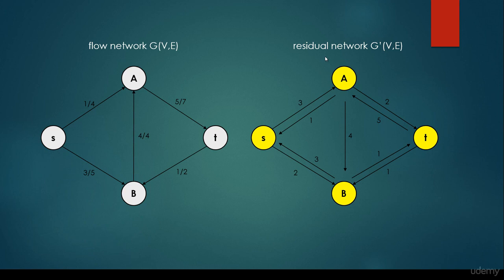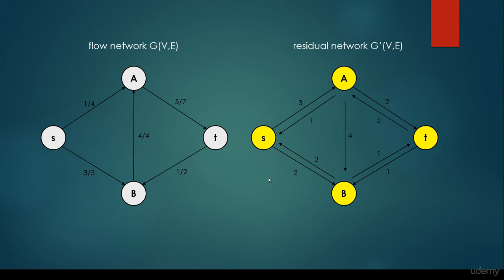And why is it important? Because we are going to find the augmenting path in the residual network. And if we come to the conclusion that there is an augmenting path in the residual network, it means that we haven't found a maximum flow in the original network.